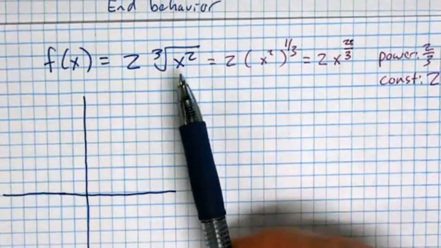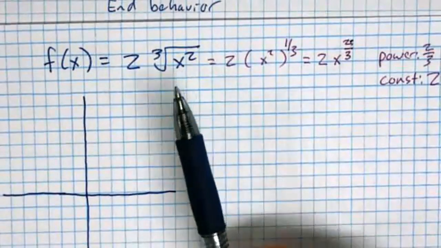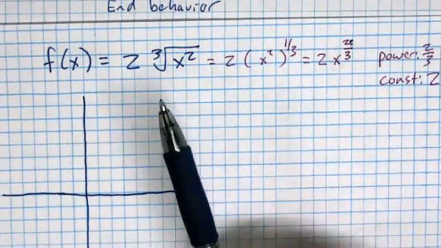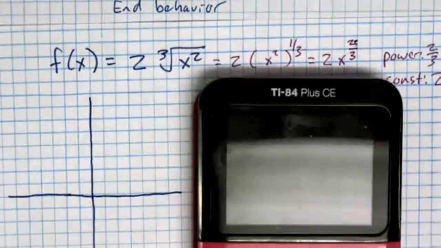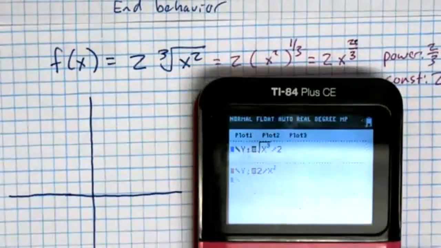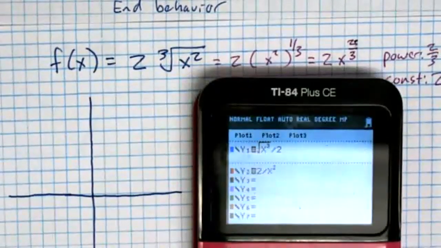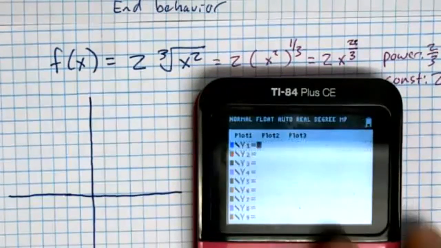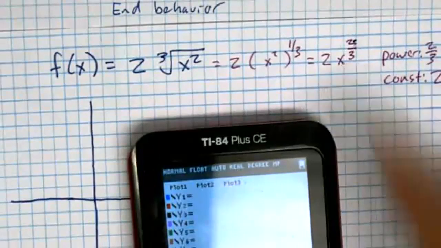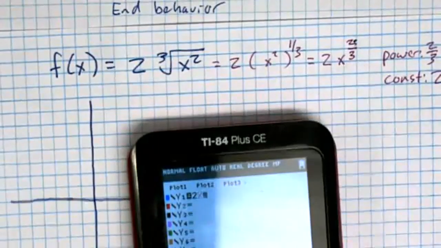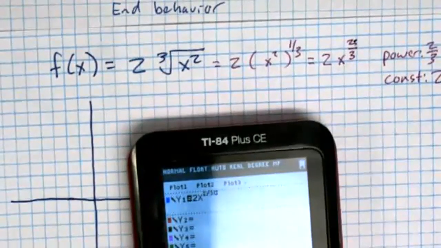If I put negative x in for x, the square is going to cancel that out, right? So it should also be symmetrical about the y-axis. So I don't know, it could look kind of wacky. Let's use our calculator. And I'm going to just type it in like this. That's easier. 2x to the 2 divided by 3.